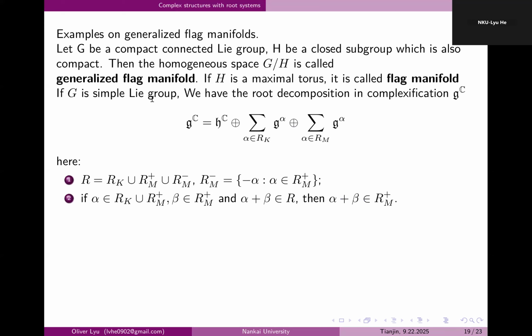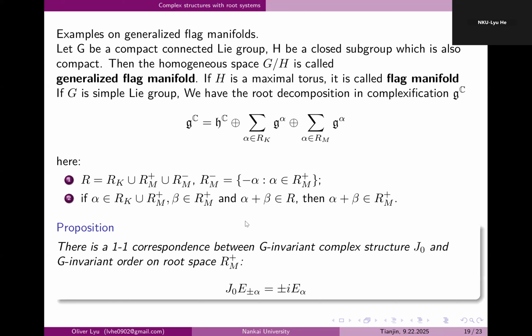If G is a simple Lie group, we have the root decomposition in the complexification in here. The roots can be decomposed into those belonging to M and those belonging to K, so we can write the whole root space in this way. And here comes the proposition.